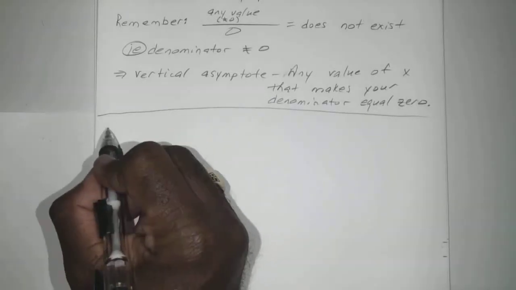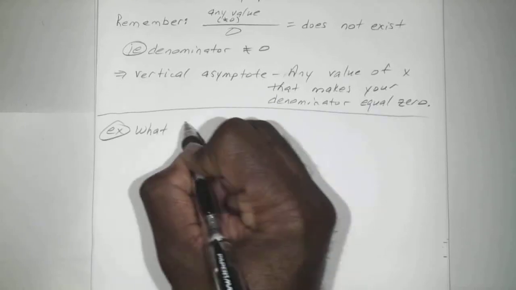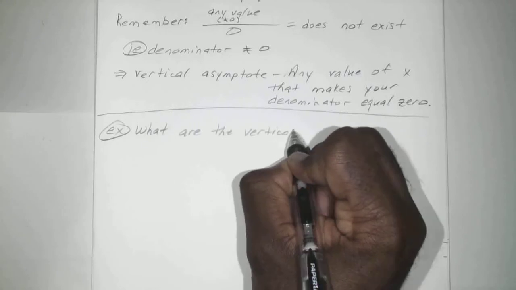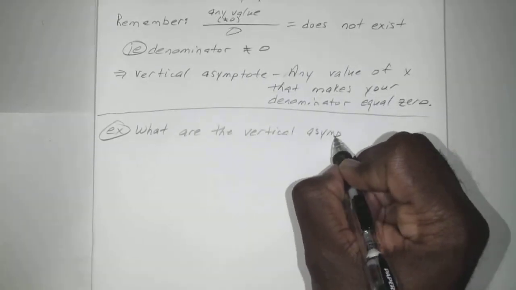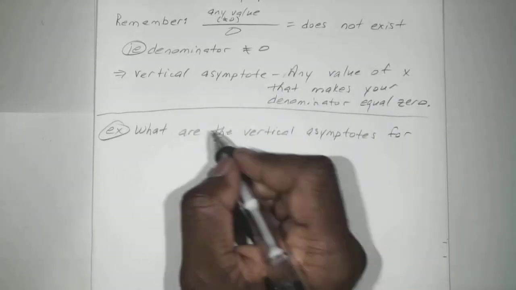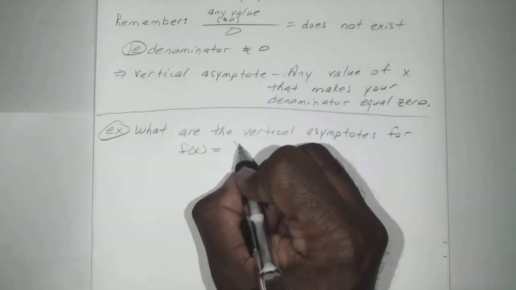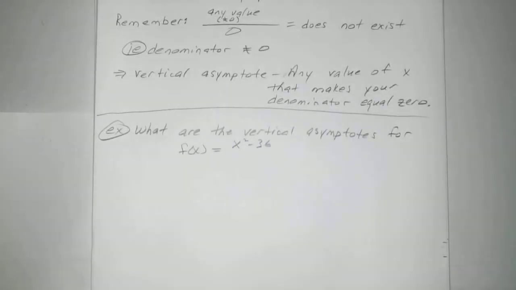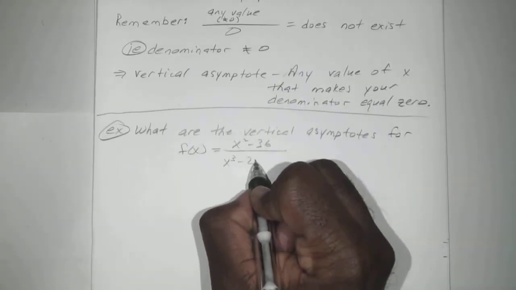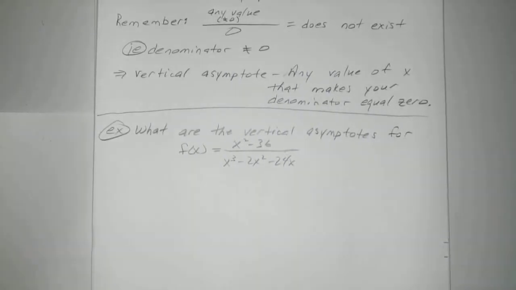Okay, so let's say, for example, we want the vertical asymptotes for f of x equal to x squared minus 36 divided by x to the third minus 2x squared minus 24x.